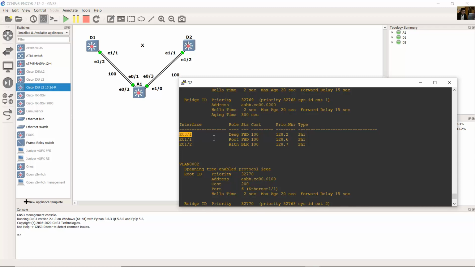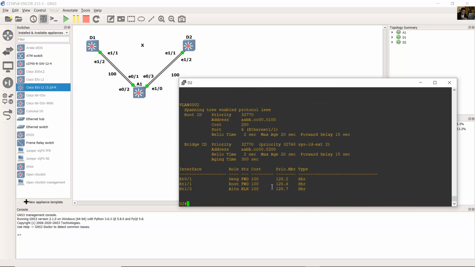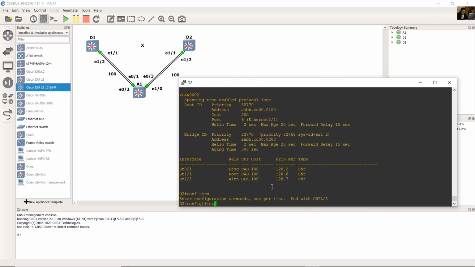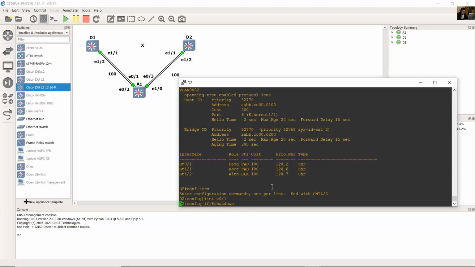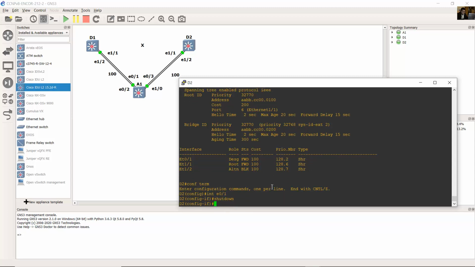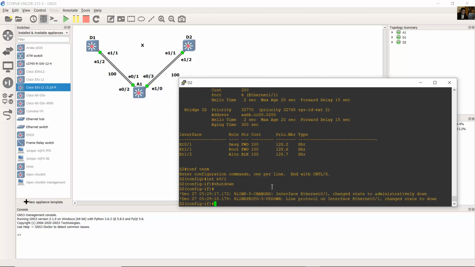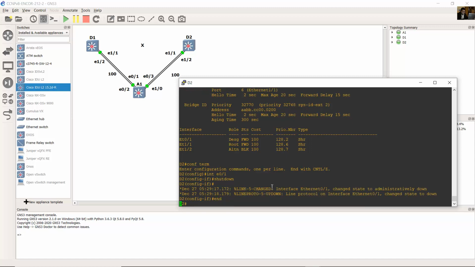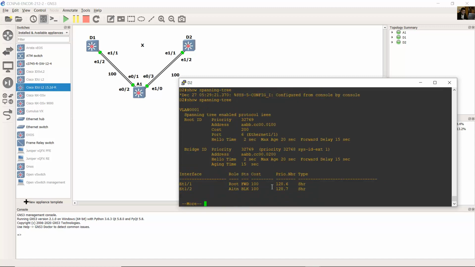Also shut down Ethernet 0/1. Configure terminal, interface Ethernet 0/1, shutdown. Okay, and show spanning tree.